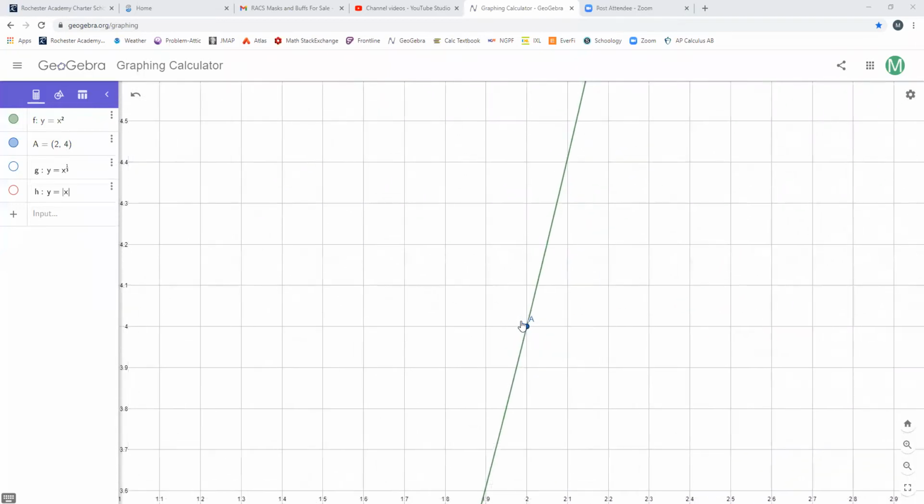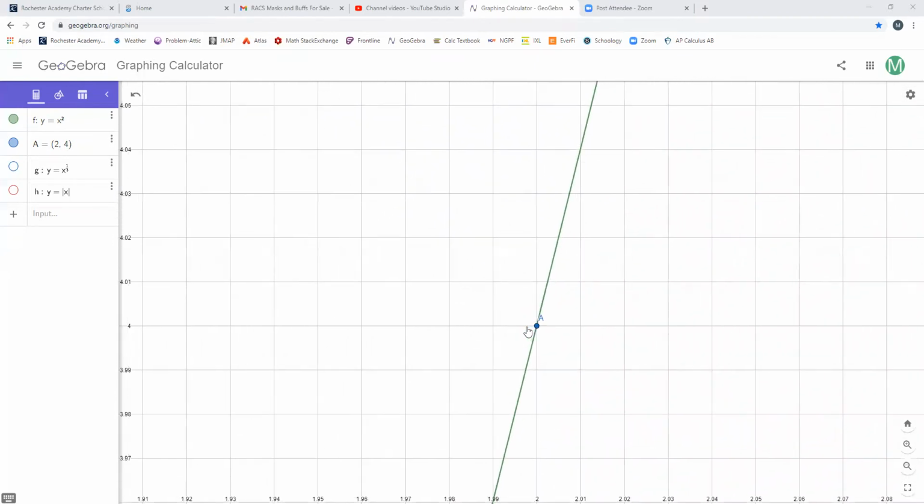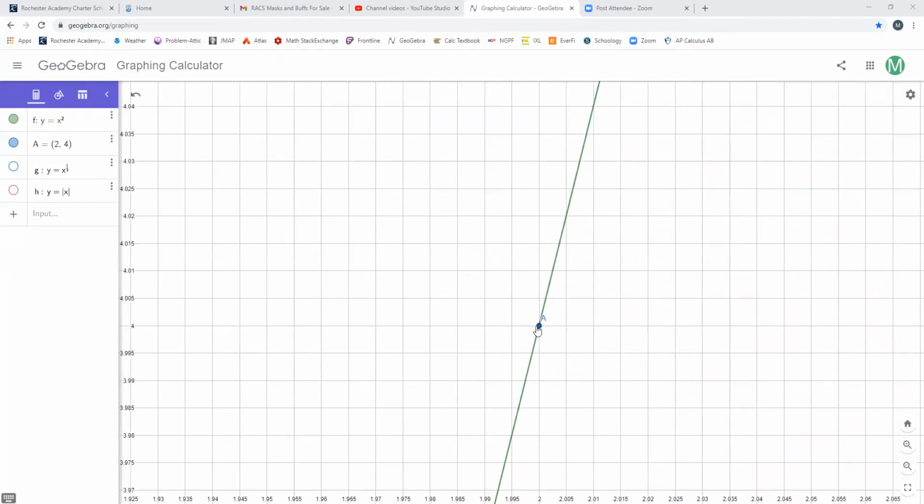So we would expect to see that the derivative of this function is 4. That's what we would get when we calculate it. And when we zoom in pretty closely and see this instantaneous rate of change, this is really close to a straight line that has a slope of up 4 over 1.